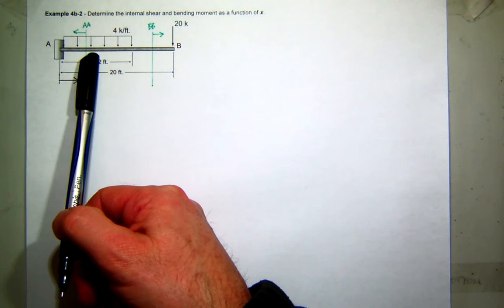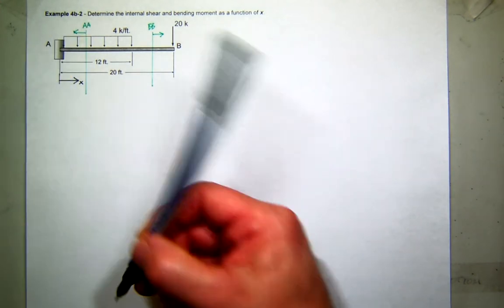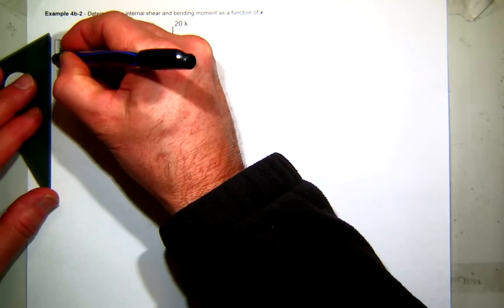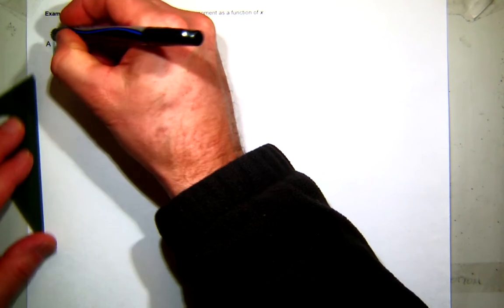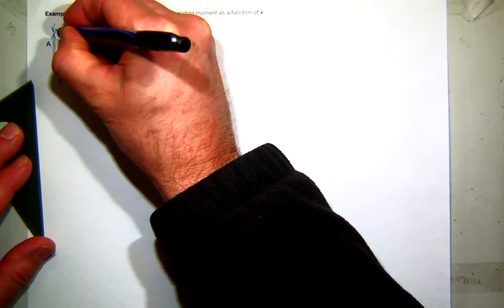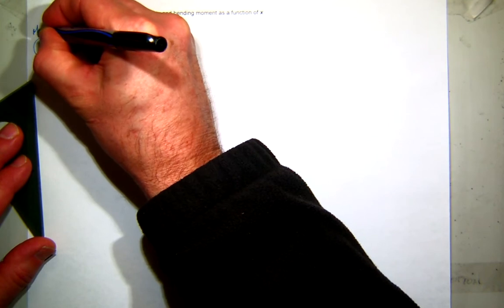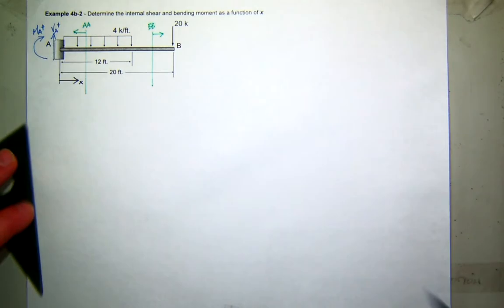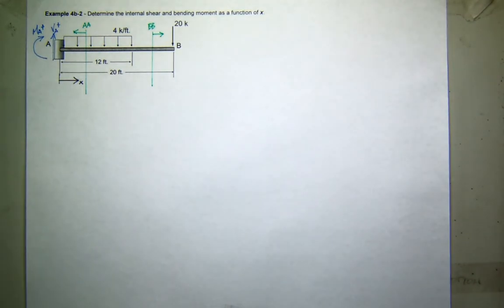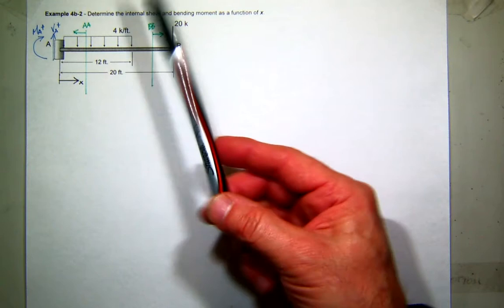So for this section AA, looking to the left, I'm going to need to know my reactions. I'll assume that I have a positive shear force at A and a positive bending moment at A, and I'll have to find those reactions for this whole structure.